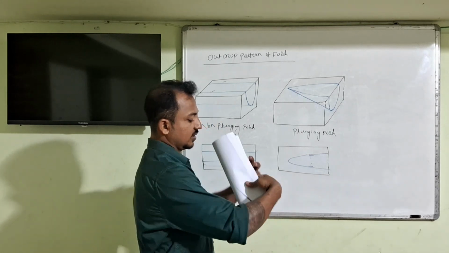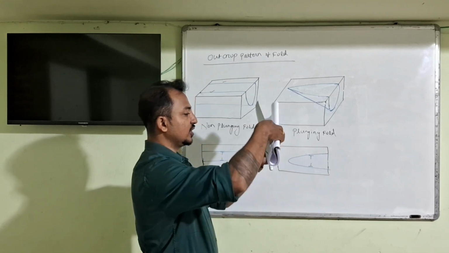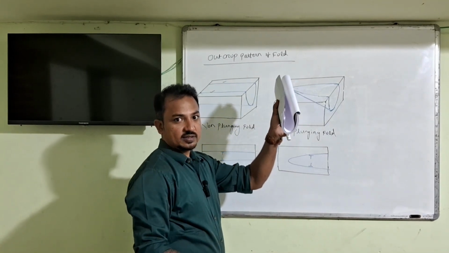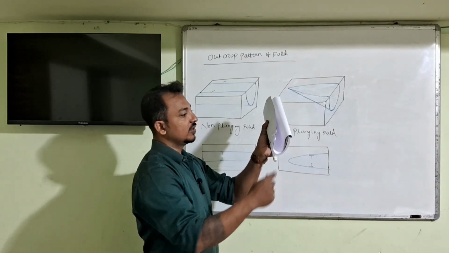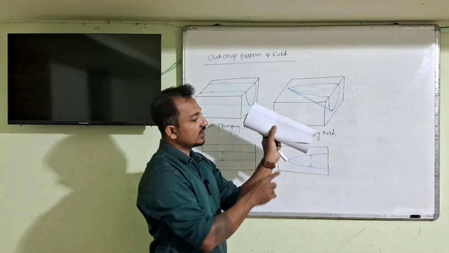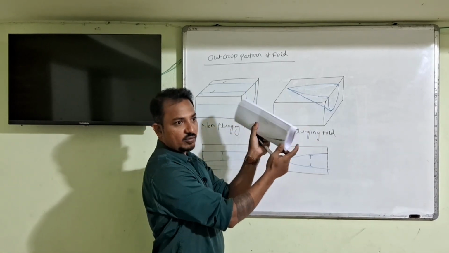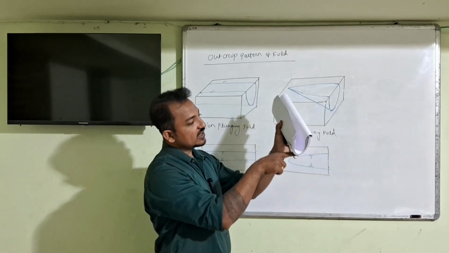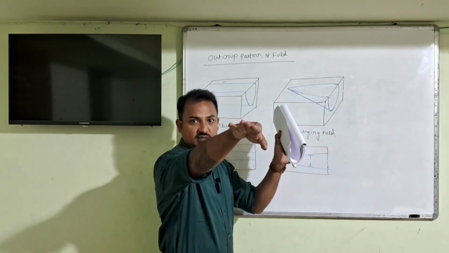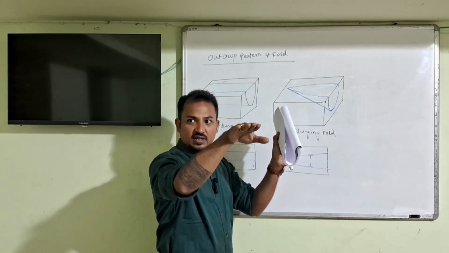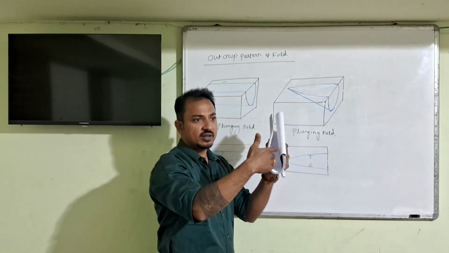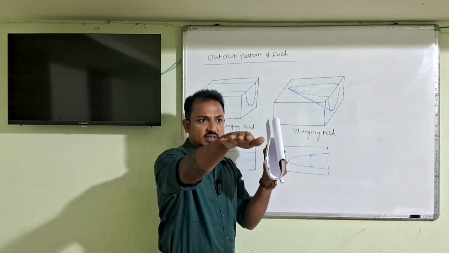Suppose you see, this is a plunging fold. The outcrop pattern will be here. These lines are outcrop lines. So the fold axis is plunging in this direction, or hinge line, the plunging direction is in this direction.